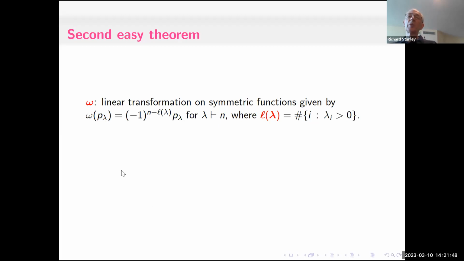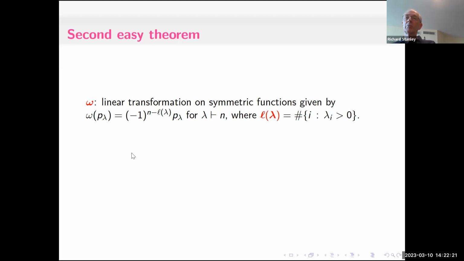And the second easy theorem is about the effect of the standard linear transformation omega on symmetric functions. That's a basic part of the theory. Here I can define it, though this is not the usual definition, by saying omega on the power sum symmetric function p lambda is a certain sign, (-1)^(n - length of lambda), where the length of lambda is the number of non-zero parts, times p lambda.